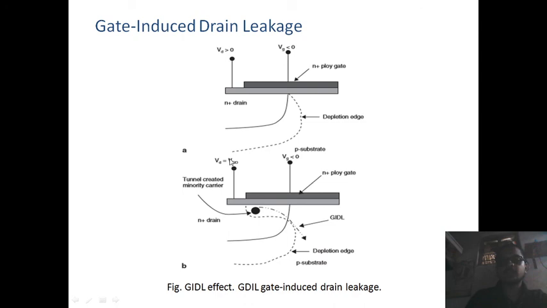The electrons entering the substrate means current is generated, and that current is nothing but the drain leakage current. Gate induced means there is no influence of the gate; this total mechanism is independent of the gate voltage.